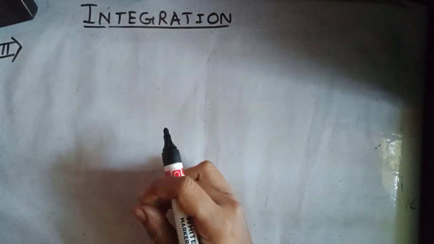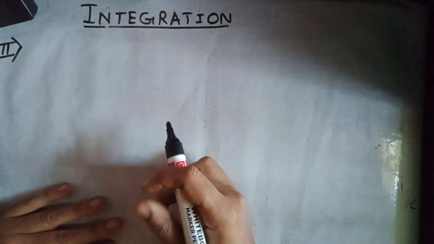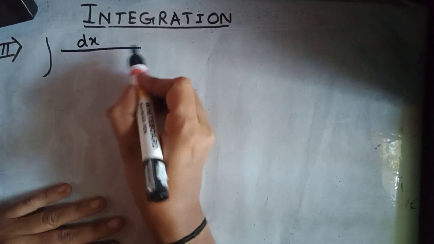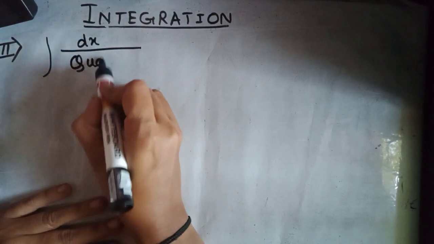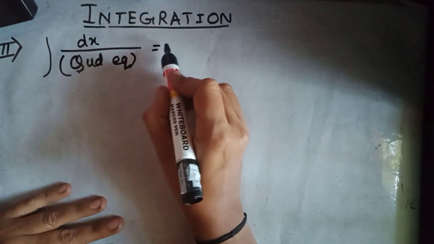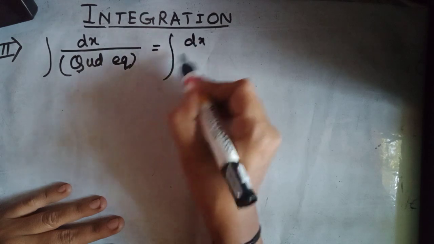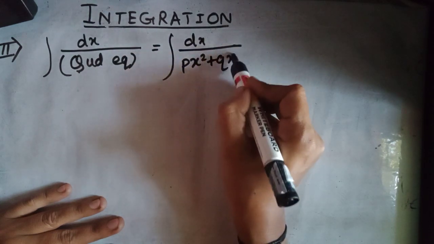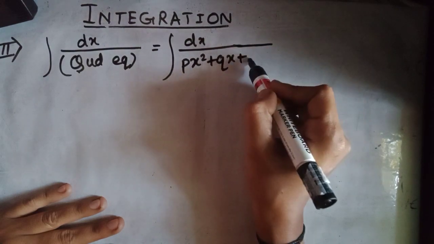Let's see one more type of integral. Here there is a quadratic expression in the denominator, which you can write as px square plus qx plus r.